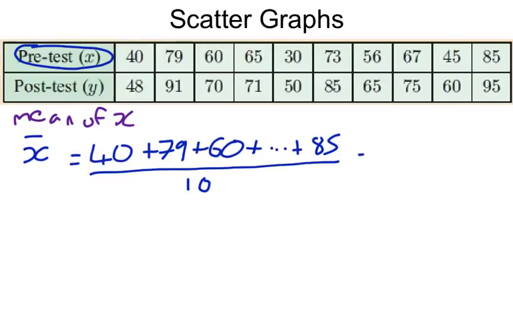When we do that, we get 600 on the top, divided by 10, so we get an answer of 60. So x bar is equal to 60.